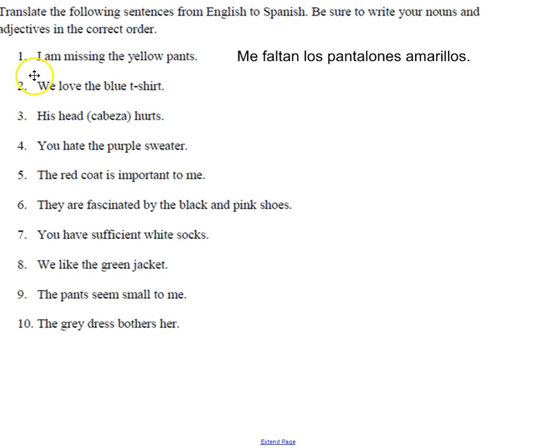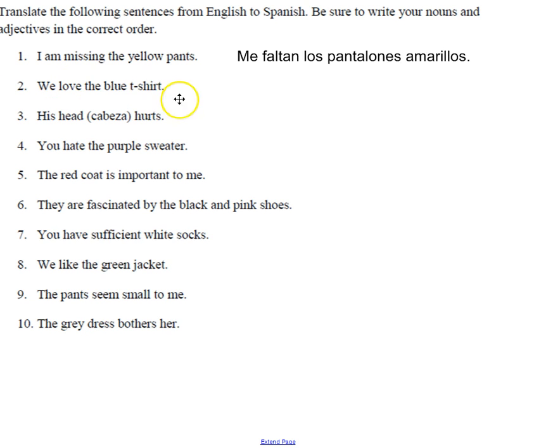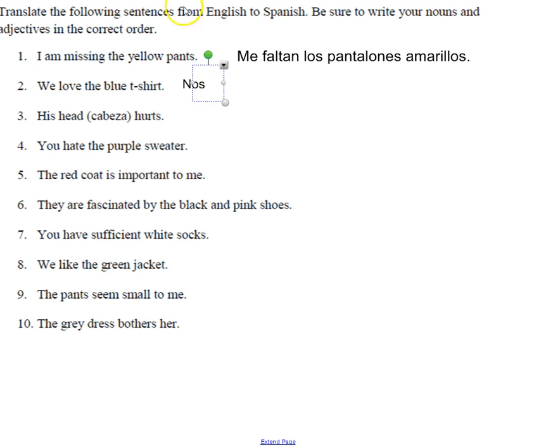Let's do another one right here because this one has the pronoun we. We can't use we, the normal one, the nosotros right here. We're going to have to use this one right here, nos. So let's go back up here and let's write nos. And it says love. Which one of these verbs is love? It looks like encantar is. We're either going to use encanta or encantan, depending upon if the item is singular or plural.